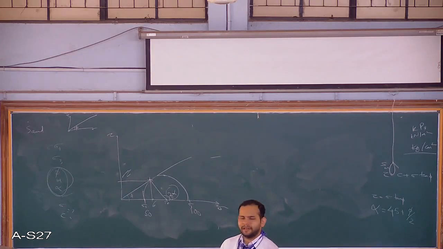Okay, so with this we'll end this. In the next class we'll try to solve a few problems on the triaxial test and unconfined compression test. So with that we'll finish.